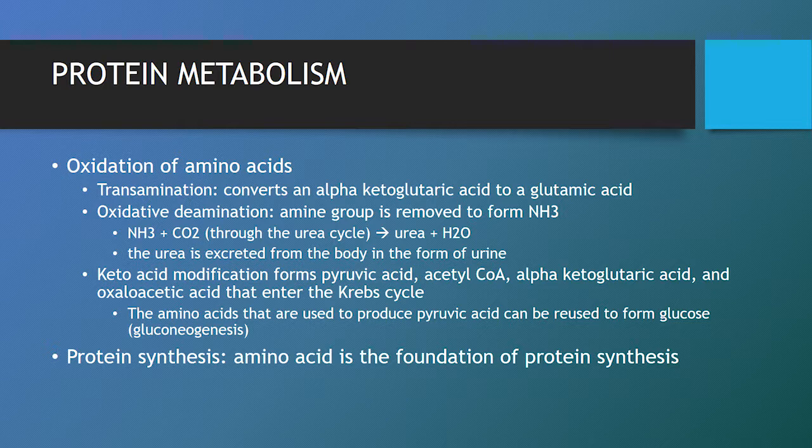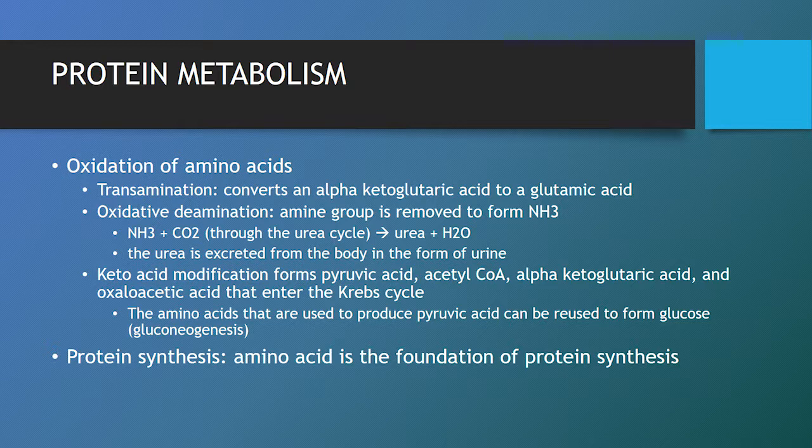The ammonia molecule reacts with carbon dioxide through the urea cycle, which produces urea and water, and urea is excreted from the body as urine. And then the keto acid modification forms pyruvic acid, acetyl-CoA, alpha ketoglutaric acid, and oxaloacetic acid that enter the Krebs cycle.